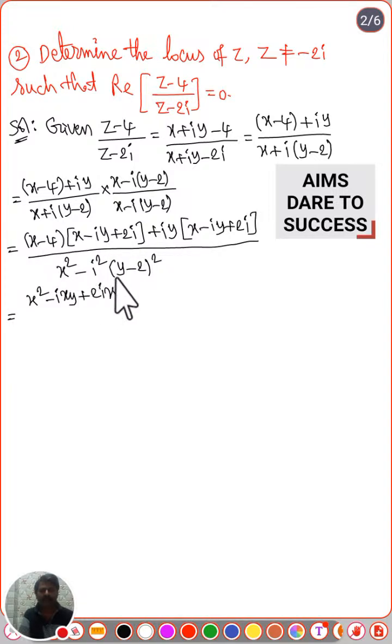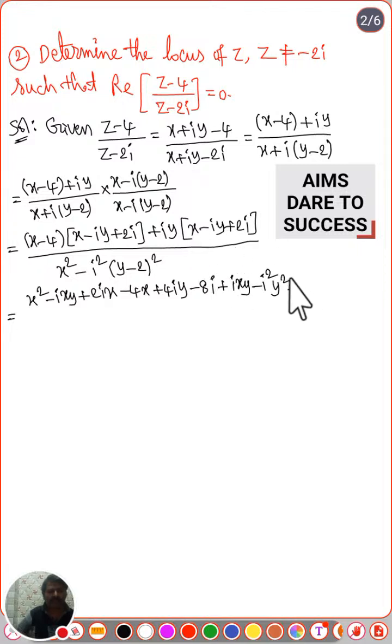Next, minus 4 multiplied inside, we get minus 4x, minus into minus plus 4iy. Next plus into minus, minus 2 fours are 8i. Next iy multiplied inside, we get ixy, plus into minus, minus i into i square, y into y square.